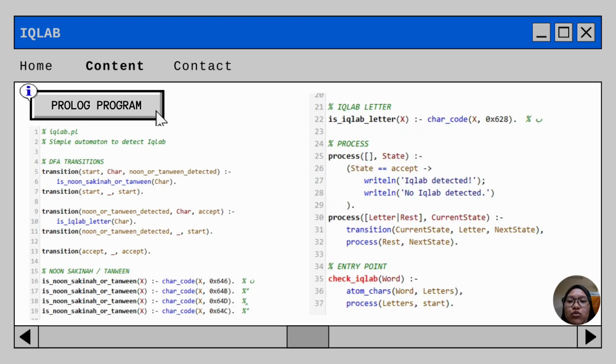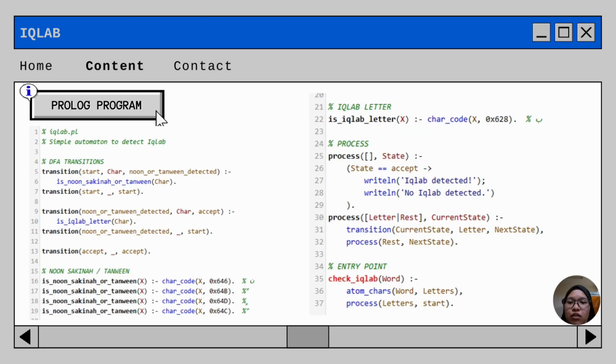Moving to the nun, sakinah and tanween block, here, Unicodes are used to identify the trigger characters, because typing Arabic directly into the terminal causes some display problems. Next is the iqlab letter block. Here, ba is defined using its Unicode code, which is 0x628. Only one letter is listed because iqlab has only one trigger.